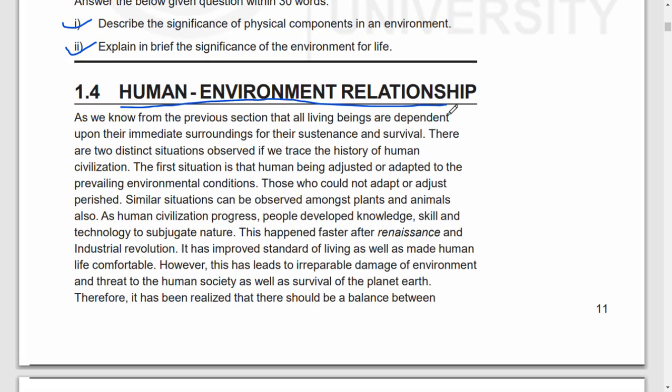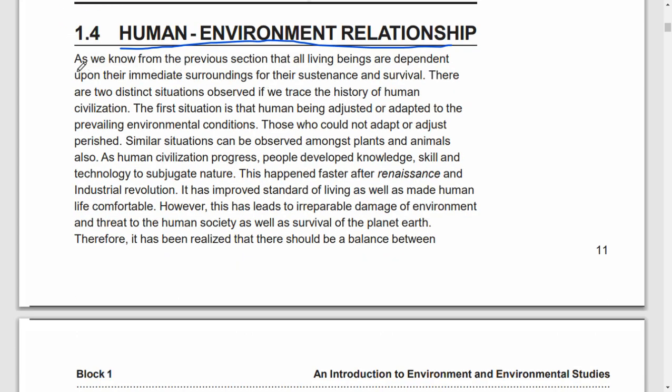Human-environment relationship. As we know from the previous section, all living beings are dependent upon their immediate surroundings for their sustenance and survival. There are two distinct situations observed if we trace the history of human civilization.